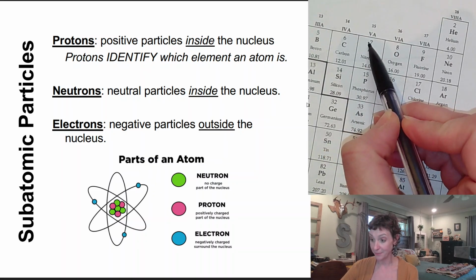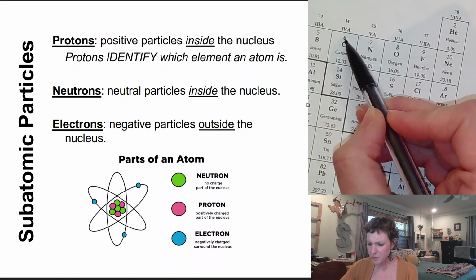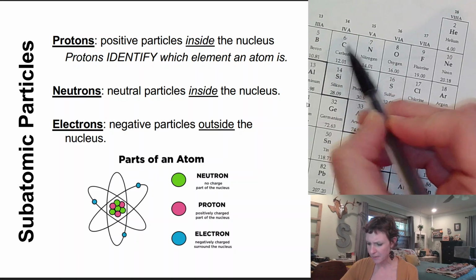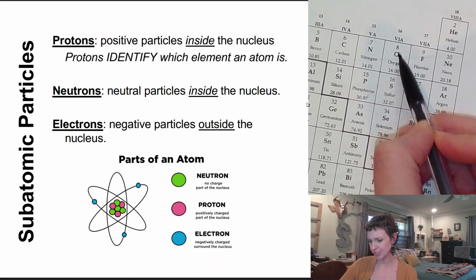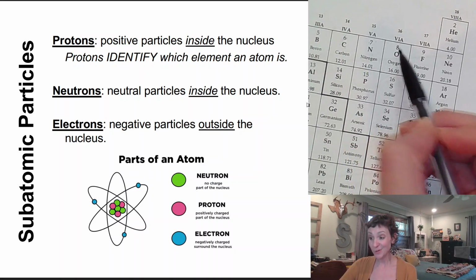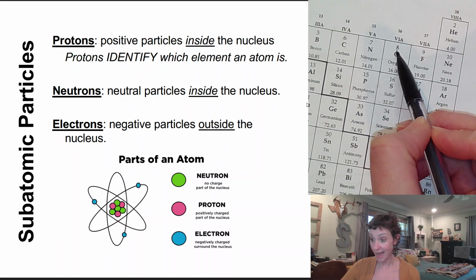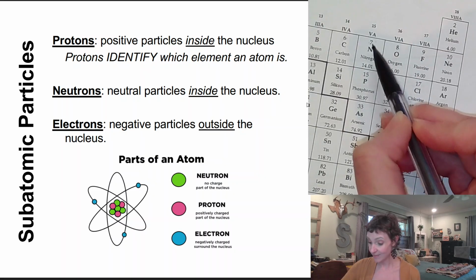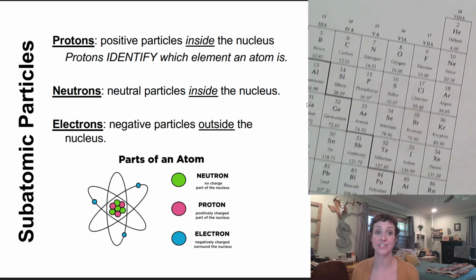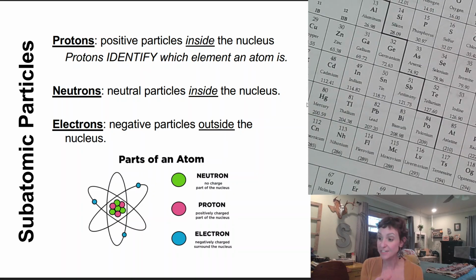If you'll notice, 6 is carbon, 7 is nitrogen, oxygen is 8. So those numbers represent protons. If I have 8 protons, I've got to be oxygen. If I have 7 protons, I've got to be nitrogen. So your protons are the ones that identify what element I am. Neutrons are the neutral particles inside of the nucleus, and electrons are the negative particles that are outside of the nucleus.